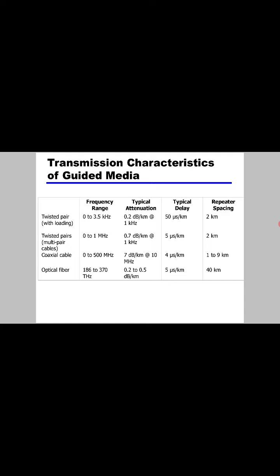In twisted pairs the frequency is 0 to 3.5 kHz, whereas in optical fibers it is 186 to 370 terahertz.